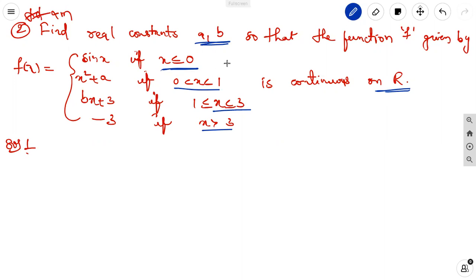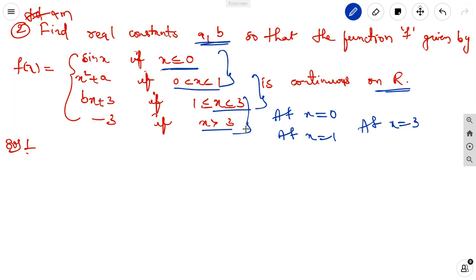See here, when we take x equal to 0, these two functions are selected. When we take x equal to 1, we choose these two functions. At x equal to 3, we choose these two functions.